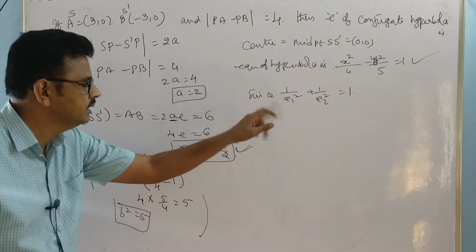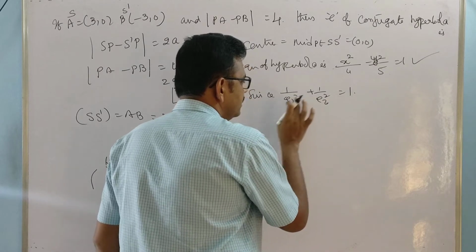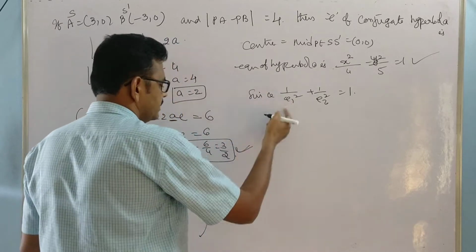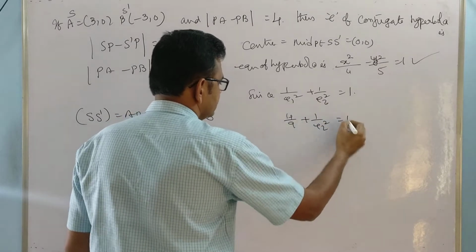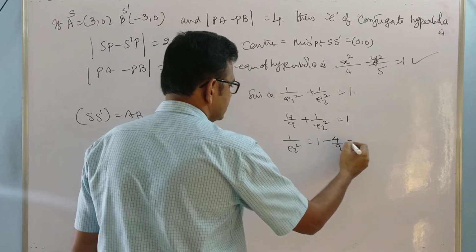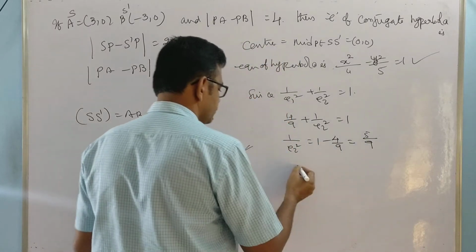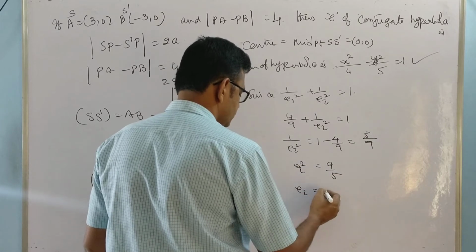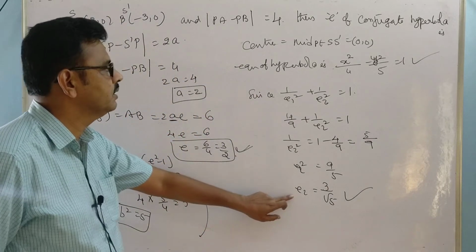So 4 by 9 plus 1 by e2 square equal to 1. 1 by e2 square is equal to 1 minus 4 by 9, equal to 5 by 9. Therefore e2 square is equal to 9 by 5, e2 equal to 3 by root 5. So this is the eccentricity of the conjugate hyperbola.